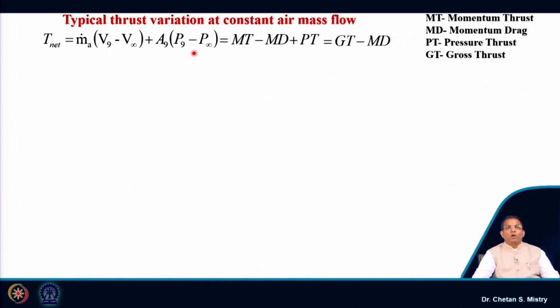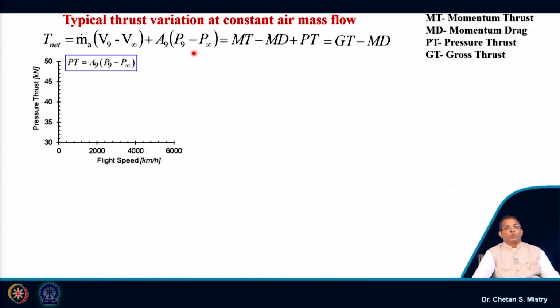Let us try to understand how these parameters vary with my flight speed. The very first parameter we take is my pressure thrust, which is represented in terms of area into the difference of pressure, P9 minus P infinity. On the x-axis we have the flight speed and here we have my pressure thrust.